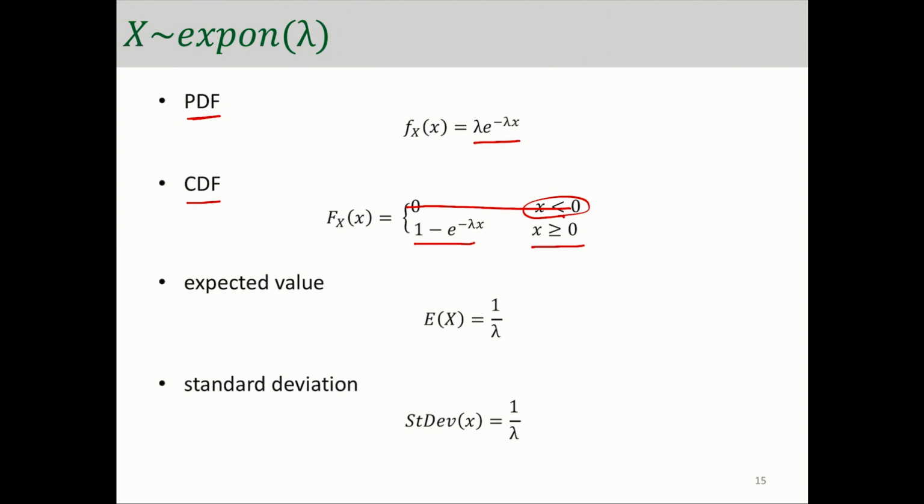The CDF of exponential, we're always talking about inter-arrival times of 0 or positive, right? The time between two arrivals cannot be negative. So that's the CDF function. The expected value or average of exponential random variable is 1 over lambda. Standard deviation is also 1 over lambda.